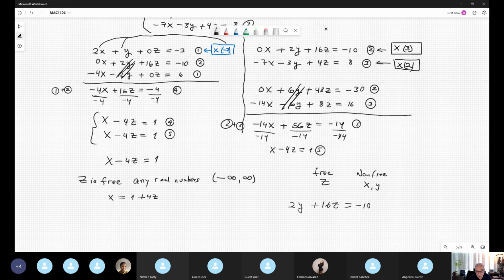And you try to isolate y. So 2y is equal minus 10 minus 16z. And you divide it by 2, you get y alone is equal minus 5 minus 8z. Okay, I copy y as a function of z is minus 5 minus 8z. Okay, leave it like that.